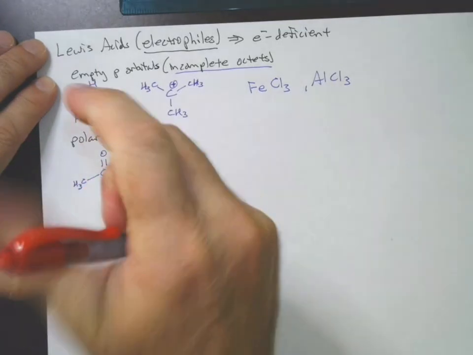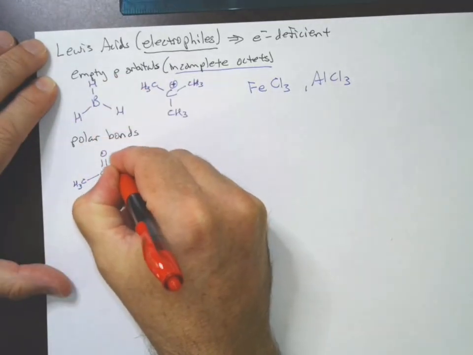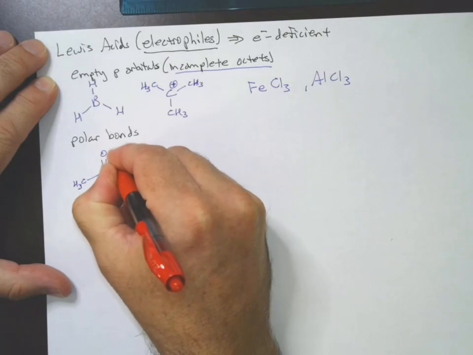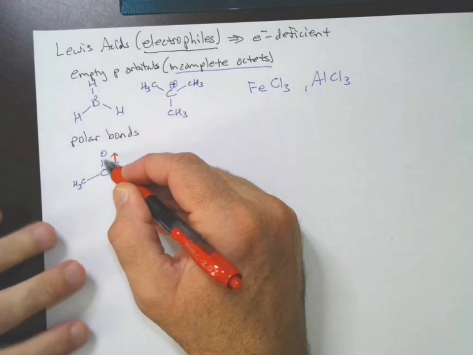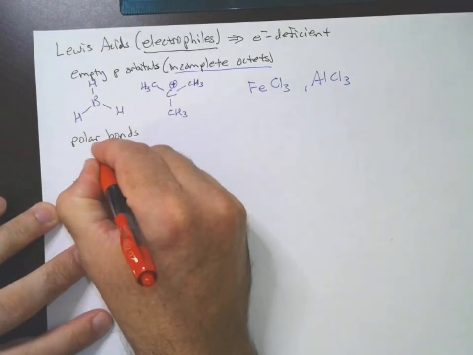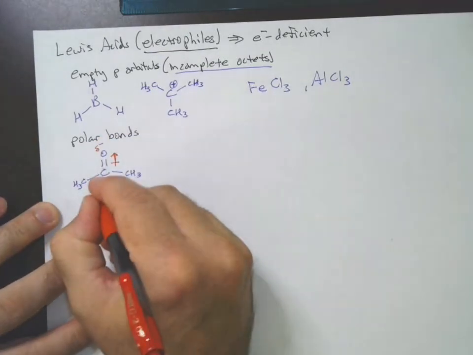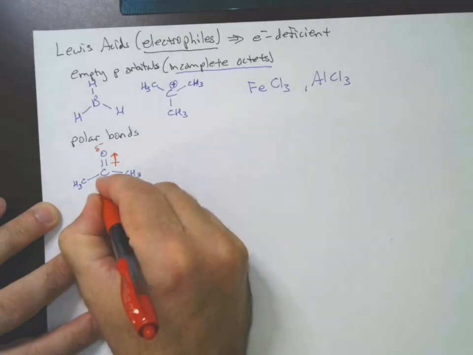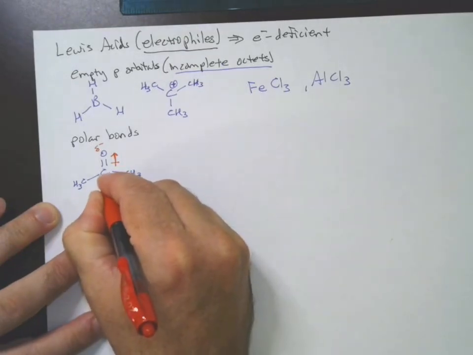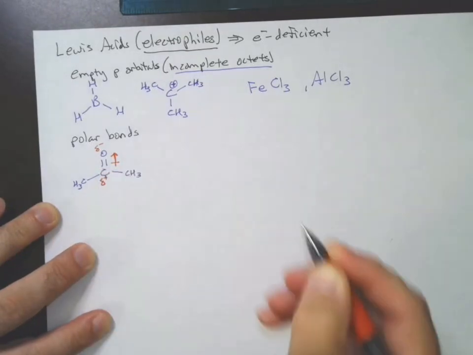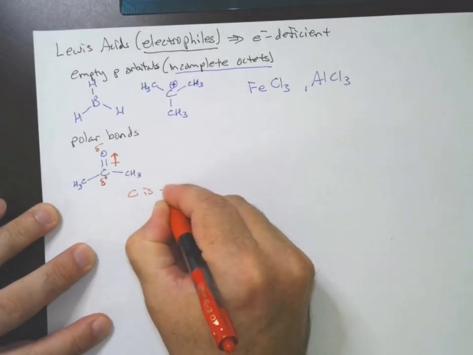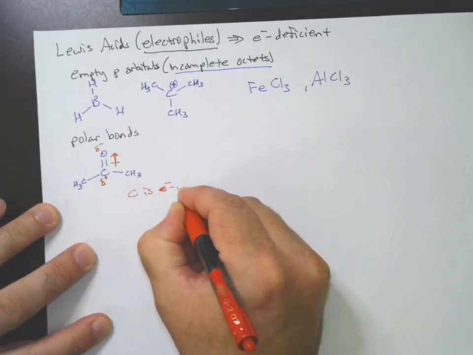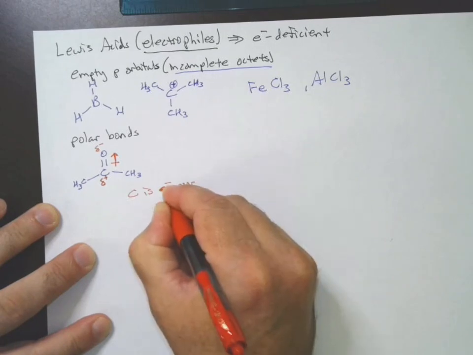And so this bond, the carbon-oxygen bond, is polarized. The oxygen's more electronegative, so it pulls electron density towards itself. So we have delta minus, partial negative charge on the oxygen, and delta plus, partial positive charge on the carbon. So now that carbon is electron poor, or electron deficient.